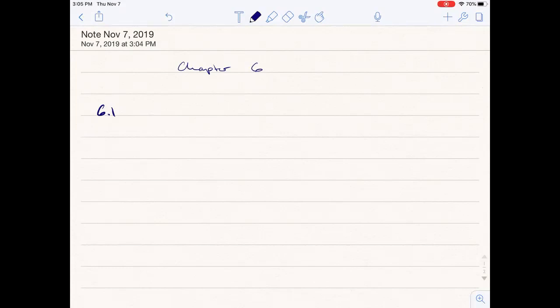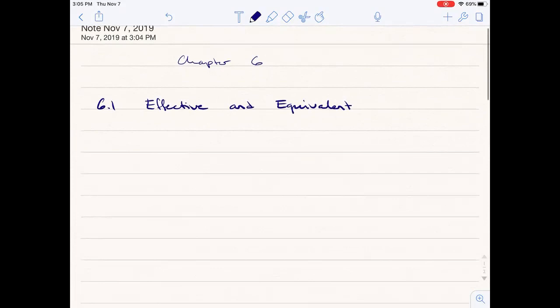And so 6.1 is going to be on effective and equivalent interest rates. So the effective rate, we'll just define it first.